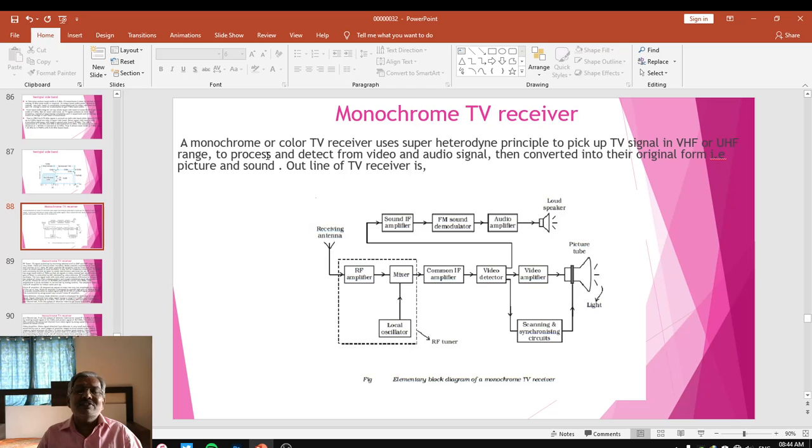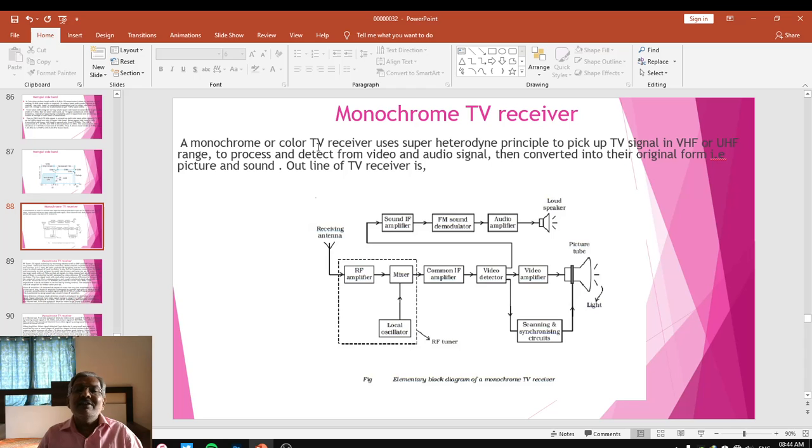To process it means the received signal is processed, meaning thereby the audio signal is separated, the video signal is separated, and the vertical sync pulses, blanking pulses, and horizontal sync pulses are all separated and provided to the respective destination places within the television receiver.